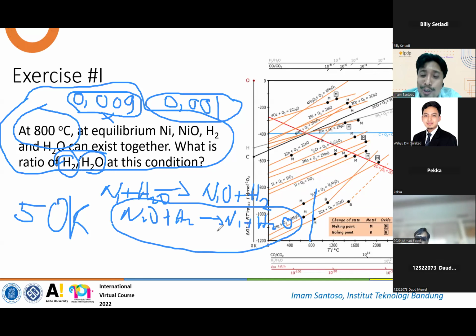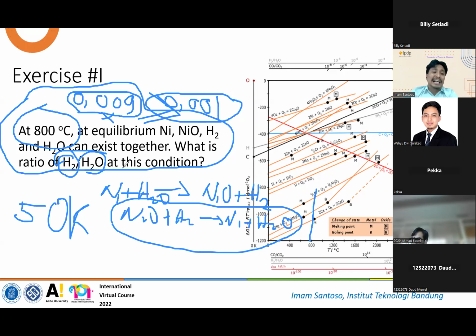Reaction number 2 produces more water so that the hydrogen will decrease, so that the reaction will stop if the ratio becomes 0.001, or if the condition is equilibrium. So this is the fundamental of the reduction of nickel laterite to become nickel. You need to have the ratio between hydrogen and water bigger than this.